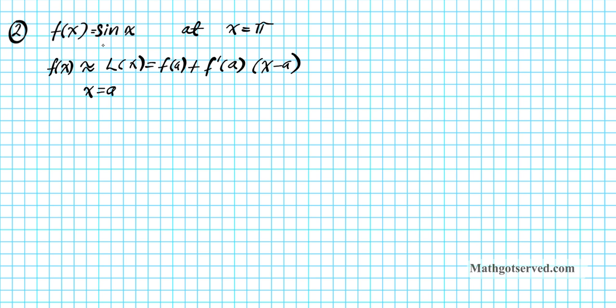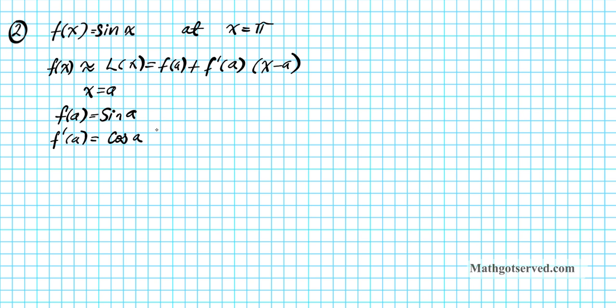I want to apply a to this function and see what it looks like. So f of a is simply sine a, and f prime of a will be the derivative of sine at x equals a. So what is the derivative of sine? It's cosine. Cosine x at a is cosine a.